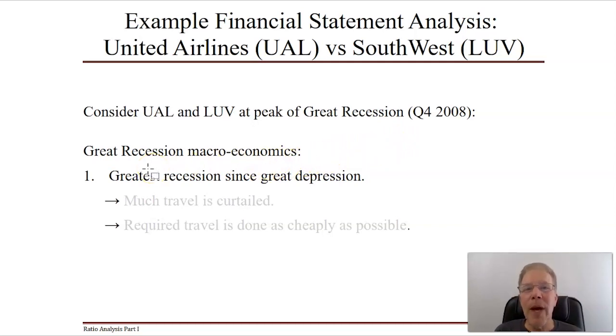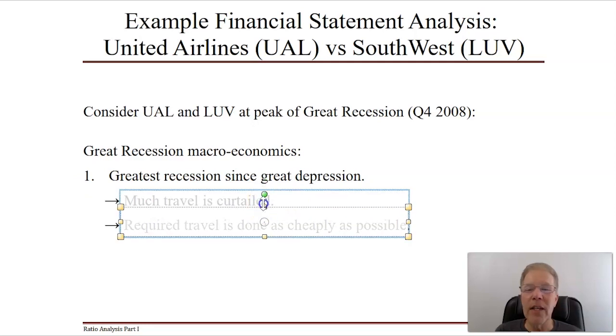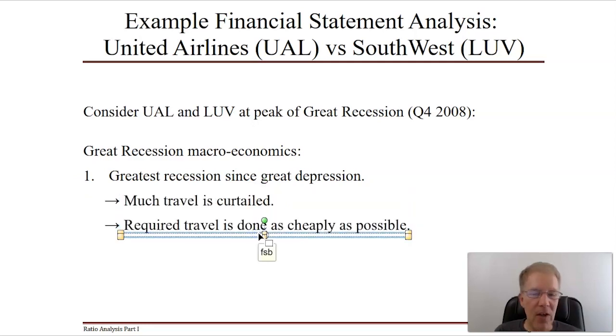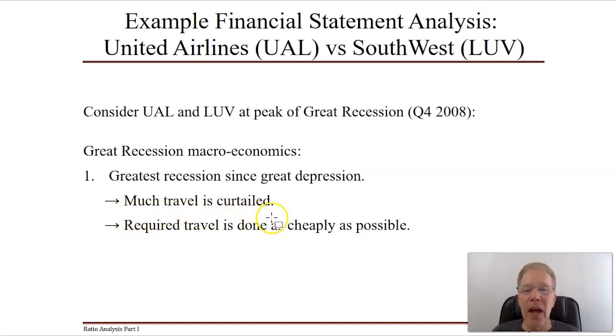So what were the macroeconomics at the time? Of course, as we know, we were in the greatest recession since the Great Depression, and the implications for the airline industry were that a lot of travel was curtailed and required travel was being done as cheaply as possible.